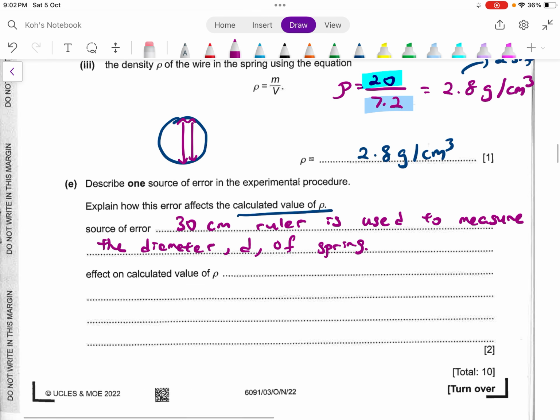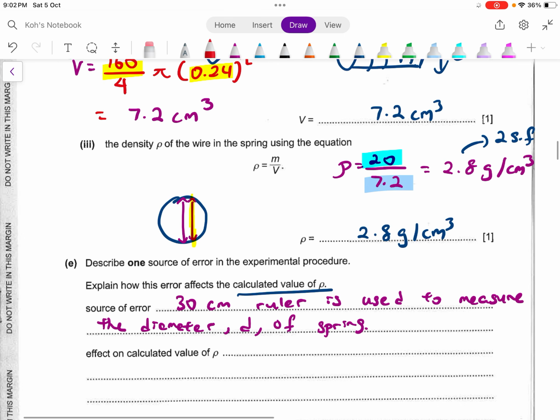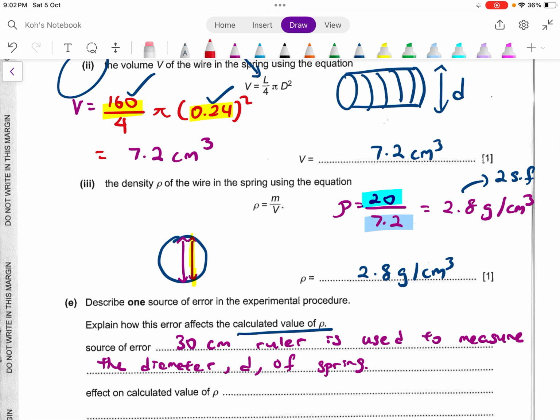Okay, what is the effect on the calculated value of rho? So for example, there's a high chance that my small d, I mean the diameter of the spring, will be lesser than the actual value. Hence, this will cause my density of the wire in the spring to be more than usual. So if I look here, rho is equal to mass over volume.